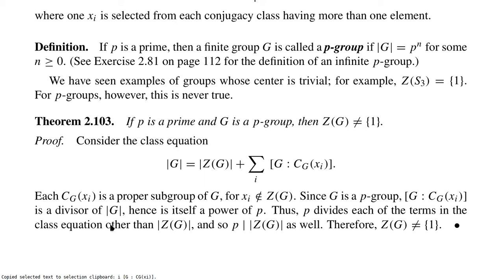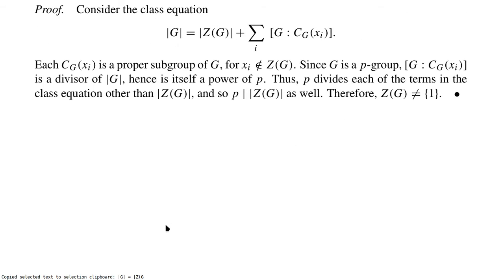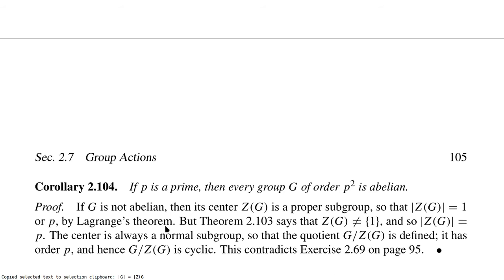So then p divides each of the terms in the class equation. It divides the order of G, it divides all the indexes, so it must divide the center, and if it divides the center, it cannot be the trivial subgroup. Okay, so that was that.